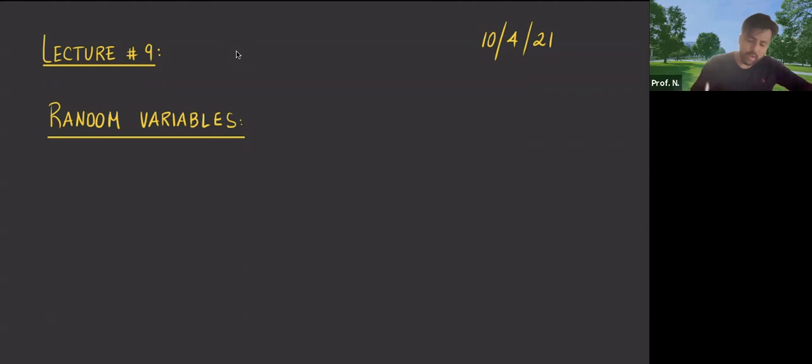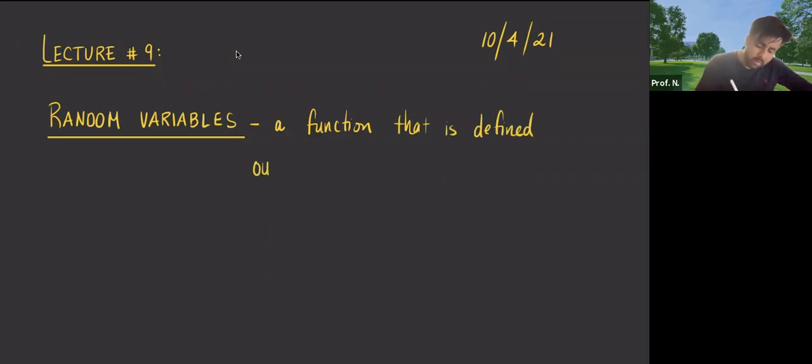So a random variable, we can define it to be a function that is defined on the sample space of a probability experiment. So that's the way we're going to start with this.